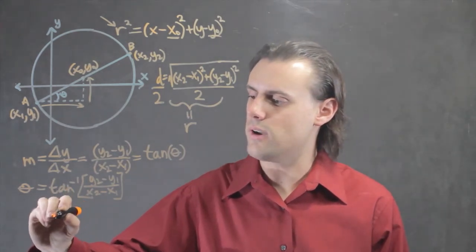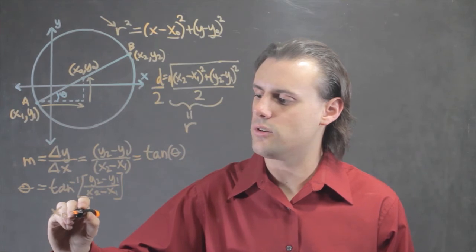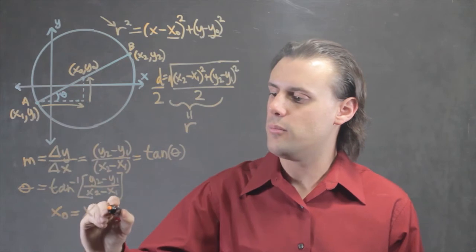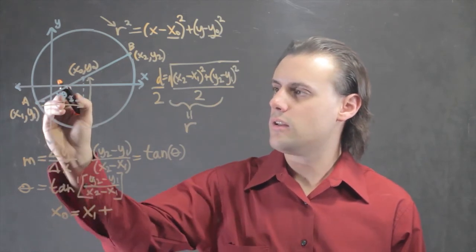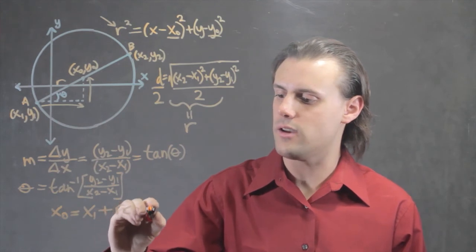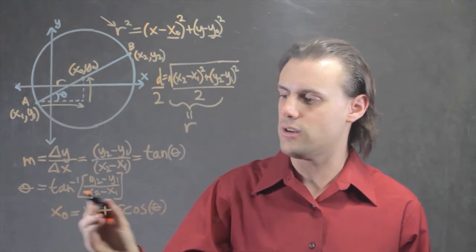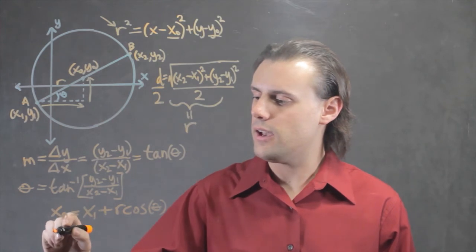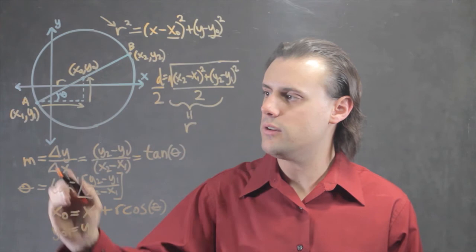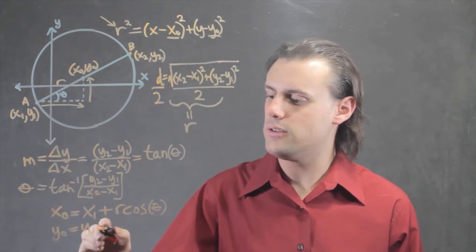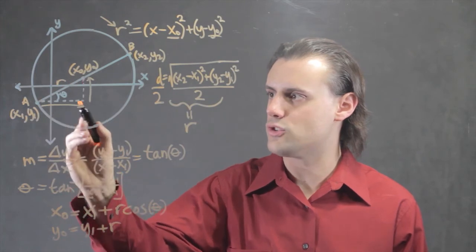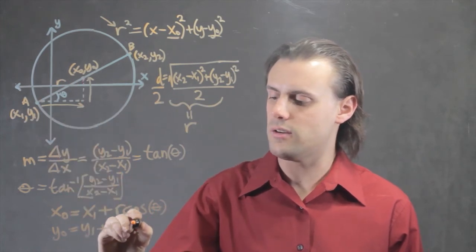And that set of equations is x naught is going to be equal to x1, the original point, plus the radius times cosine of the angle, which I calculated from the slope, and y naught is going to be equal to y1 right here plus r, which serves as the hypotenuse in this case for this little triangle, times sine of theta.